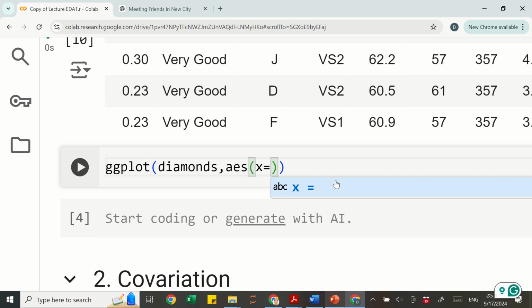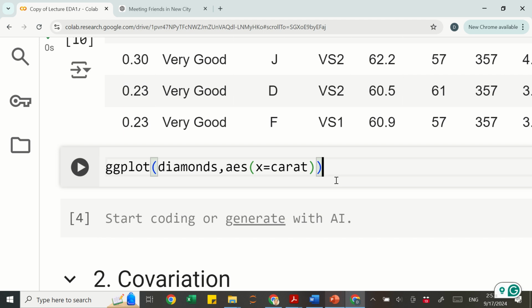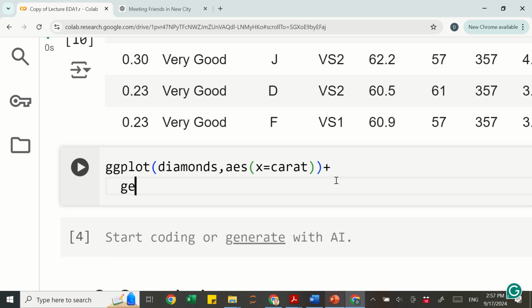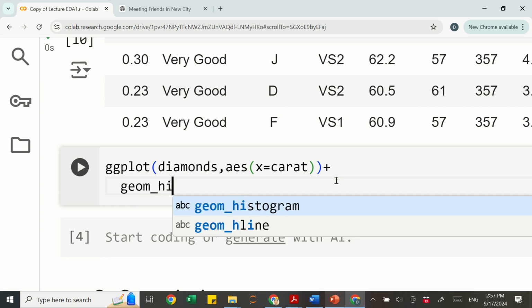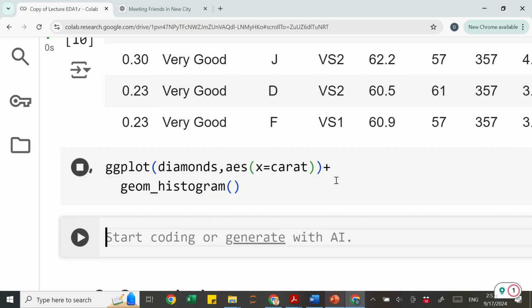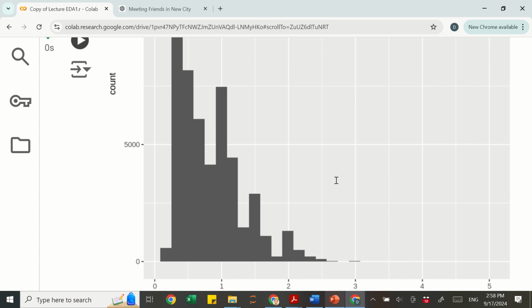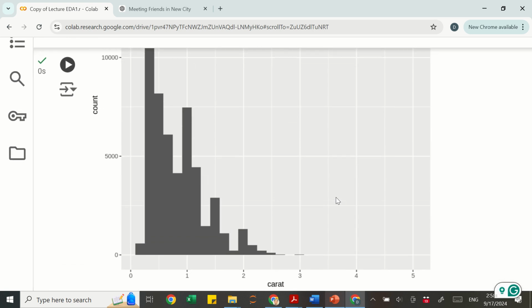So x is going to be equal to carat. That's our target variable for the initial analysis. Then let's use a geom_histogram to visualize the shape of the diamond carat.